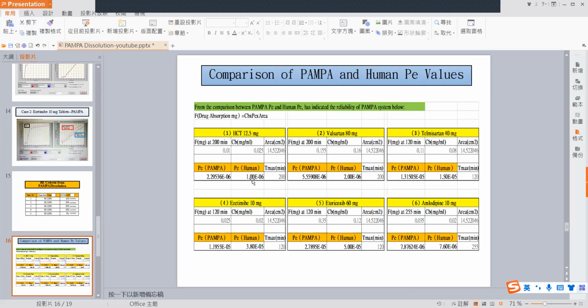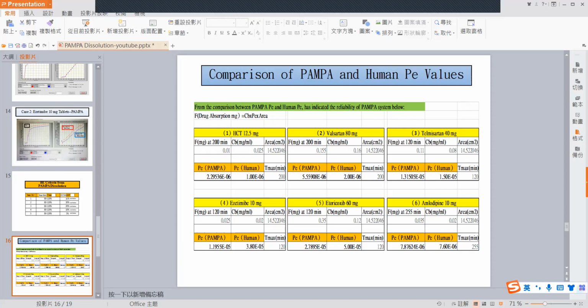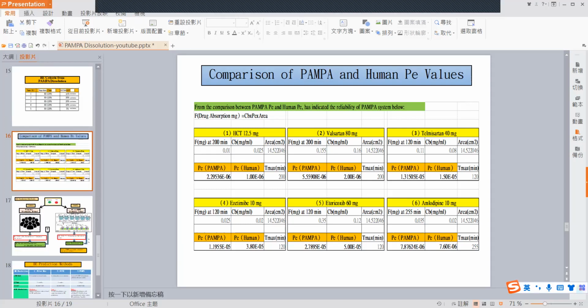As you can see, they are very close to each other, same as the rest of the different drugs. So that gives us proof that the PAMPA system is quite dependable, because it has been studied by scientists throughout maybe 30 years. So it's a mature technology.